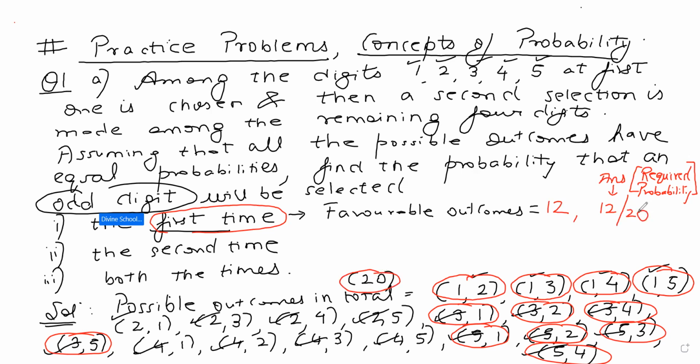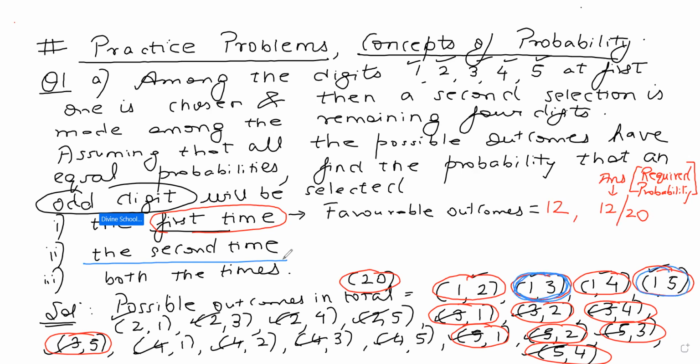This is my answer. Then let me use blue color now for the second case. I want the odd digit to be the second digit now. What are the possibilities for the odd digit to be the second digit? This is one possibility.